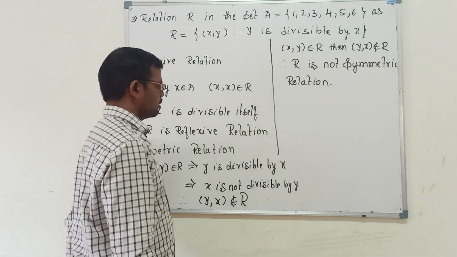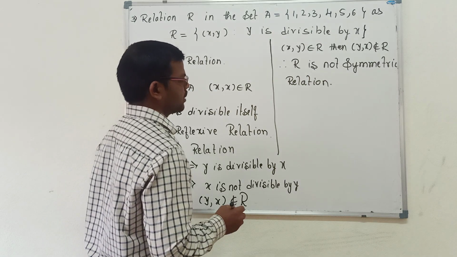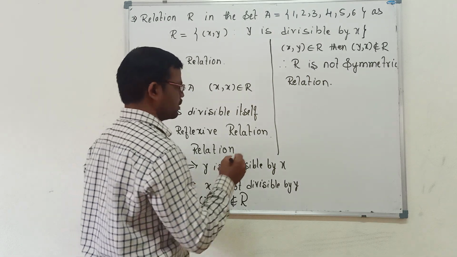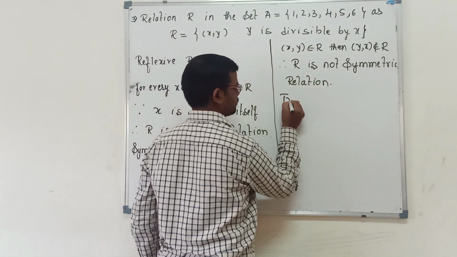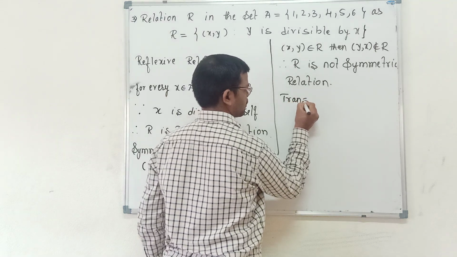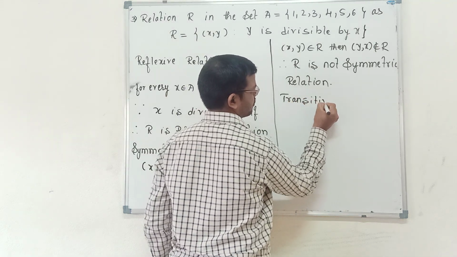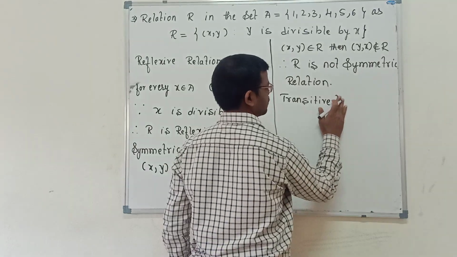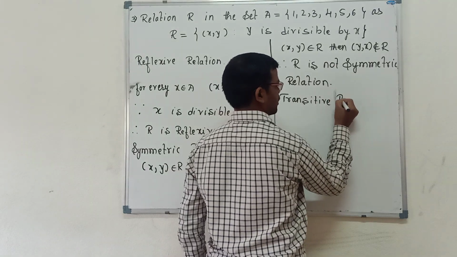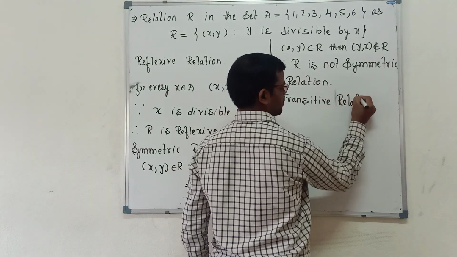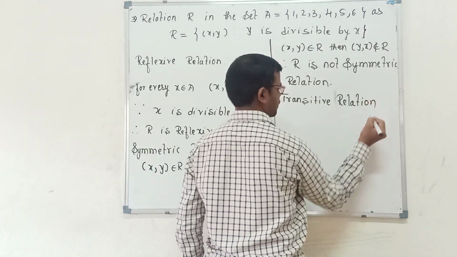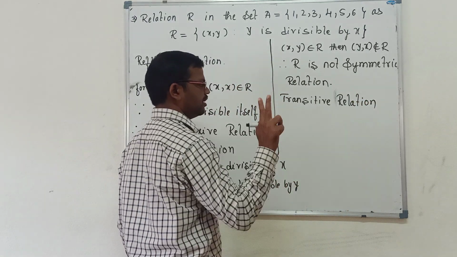After this we come to the transitive relation. Here we need two pairs.